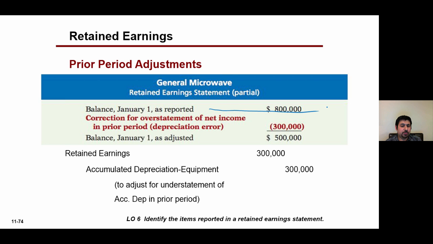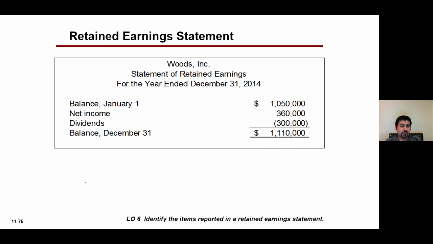And then later on, the company will report this on the retained earnings statement. It will show the beginning balance as reported, and then it will also show the correction, and then it will show the balance as adjusted. So the statement of retained earnings will be such that the balance on January 1st is the uncorrected one.